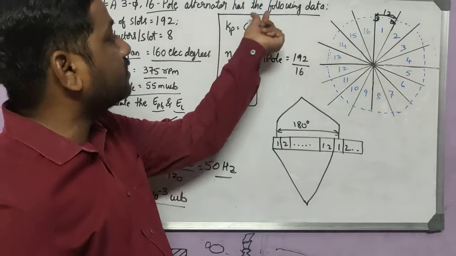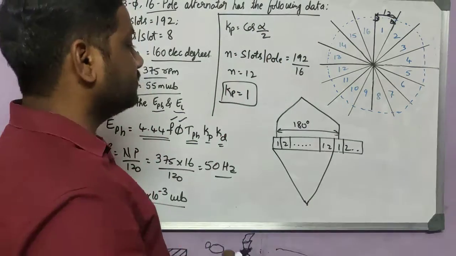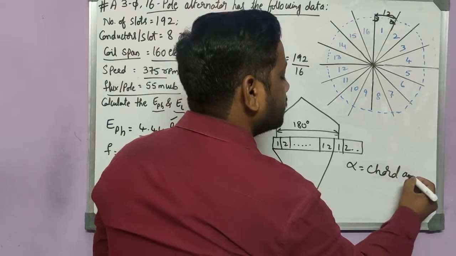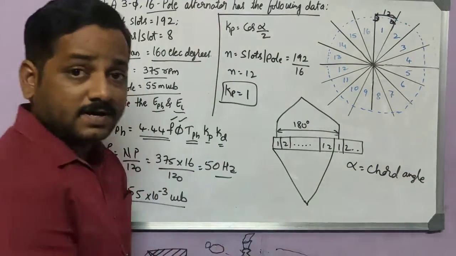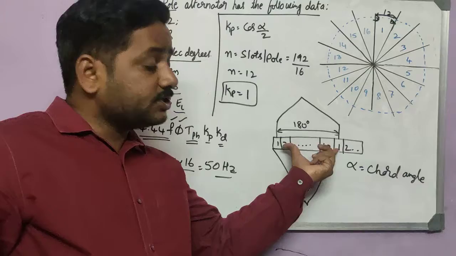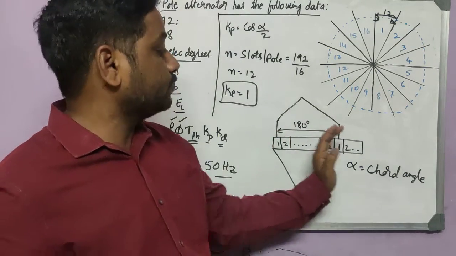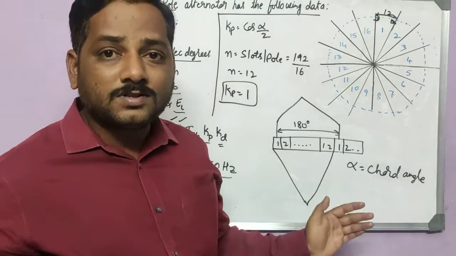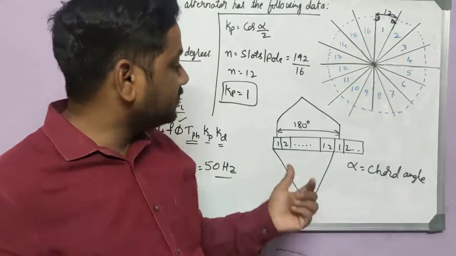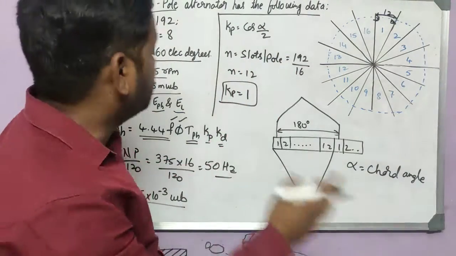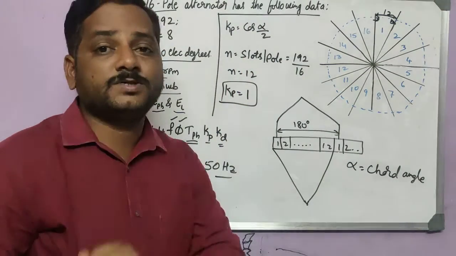Kp is nothing but cos alpha by 2, where alpha is the chord angle. The chord angle is the angle by which the coil is shortened. If it is connected from the first slot to another first slot, there is no chord angle, so alpha will be 0. Cos 0 is 1, so Kp will be 1. That is called the full pitch factor.